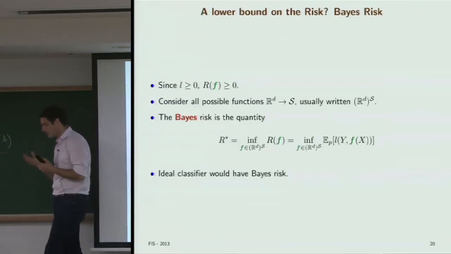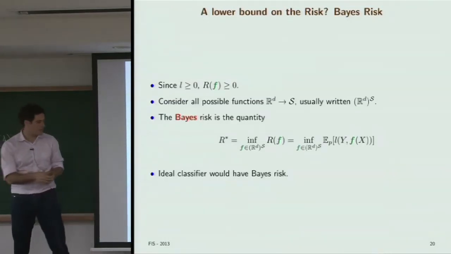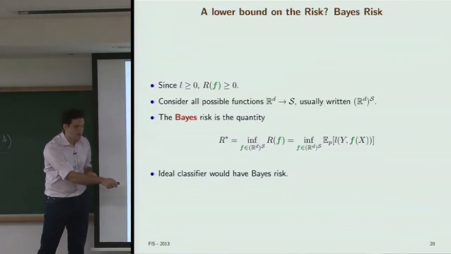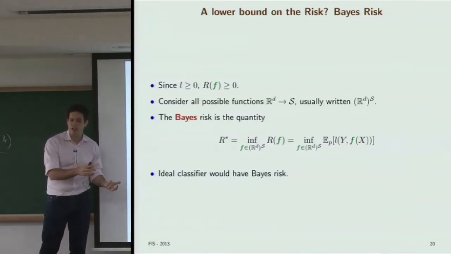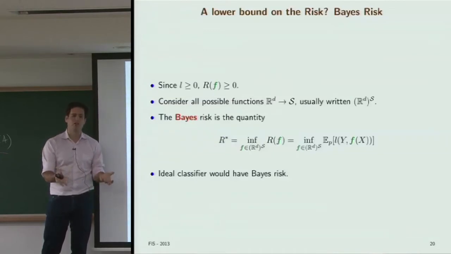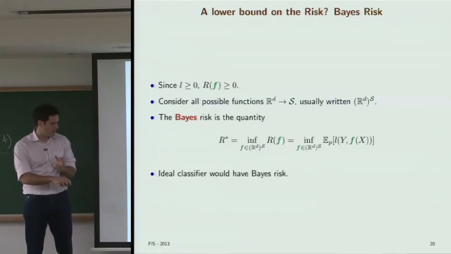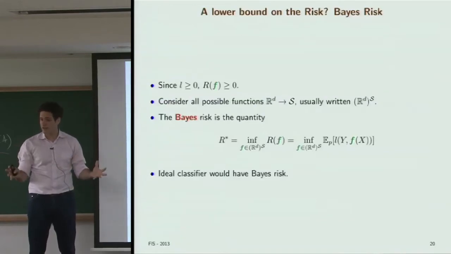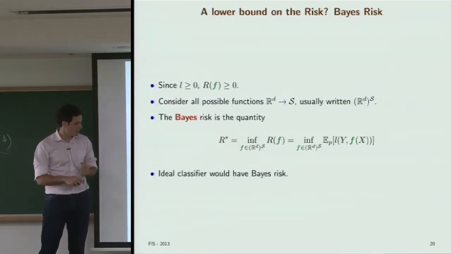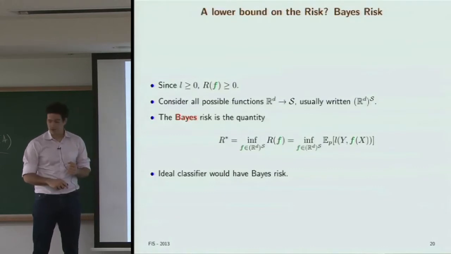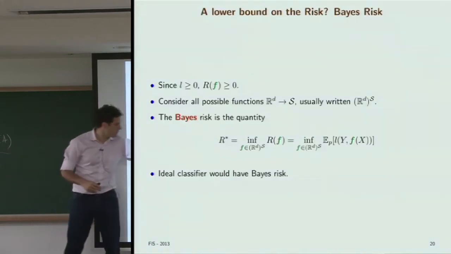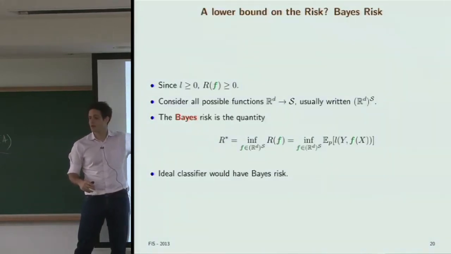In mathematics, when you consider this kind of space, the set of all possible functions from R^d to S, you're bound to have very, very strange looking functions. Really weird, not regular, not smooth functions. Well, if you take the minimum over that whole set of functions, you will get something called the Bayes risk. Again, there is an infimum because the risk is lower bounded, right?